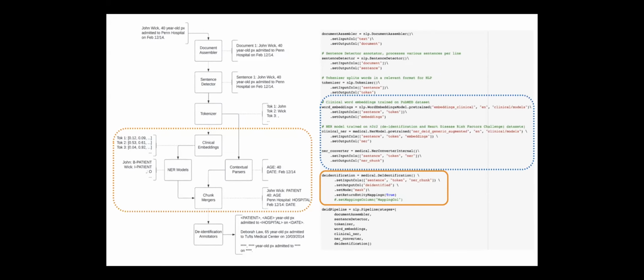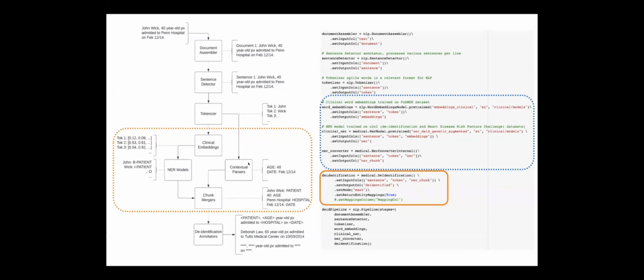So what we do is we get the embeddings from the tokens and then send them to the named entity recognition model on the left-hand side. It's calculating some other features like casing features, character features, etc., and then assigns labels to each token. Like John is a B-patient, Week is an I-patient, so B is for the beginning of a patient entity, I is inside of a patient entity, etc.